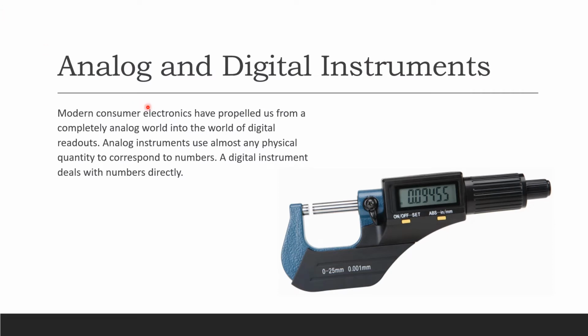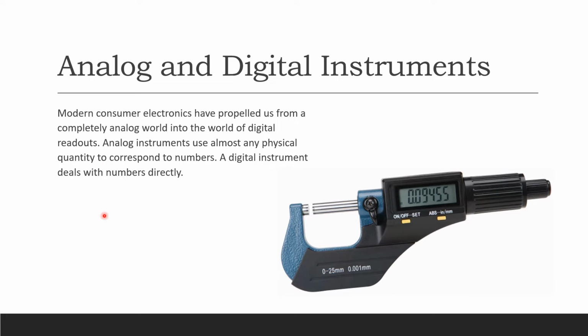Now, analog and digital instruments is pretty easy. Modern consumer electronics have propelled most of us from a completely analog world into the digital world. So we use a lot of digital readouts now because they're pretty easy to read. Analog instruments use almost any physical quantity to correspond to numbers.